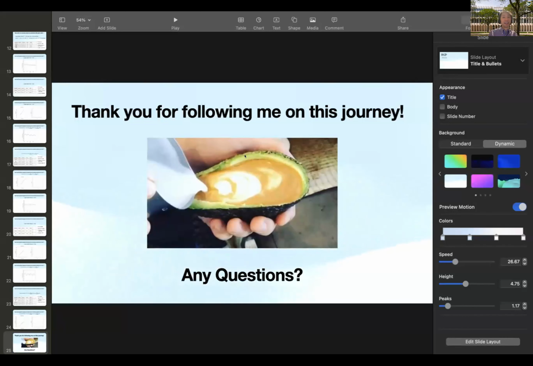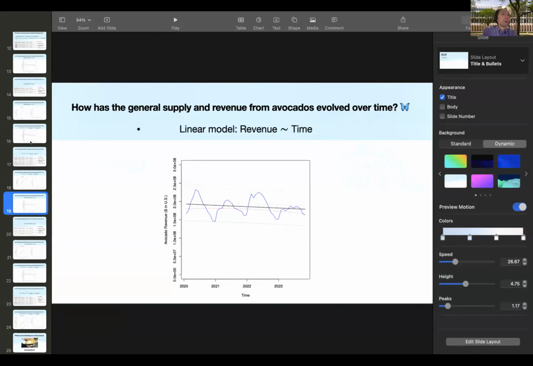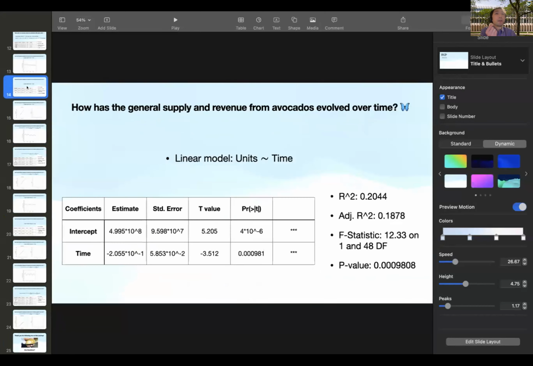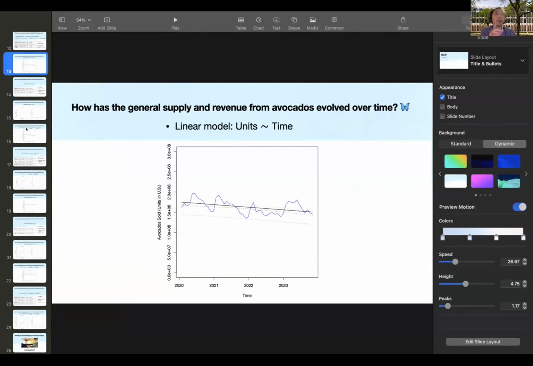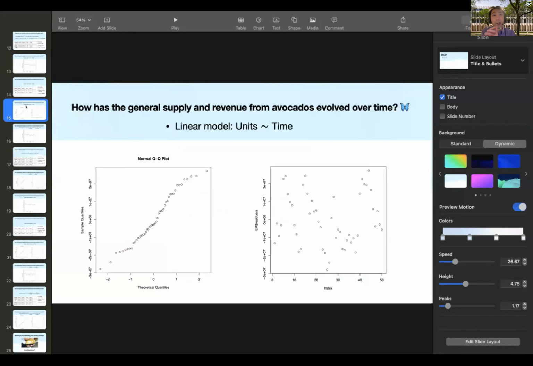The one thing I have to mention is that for the regression about the time trend, maybe you can show that one. This class doesn't discuss how to deal with time series, but for this one, the residuals are obviously highly correlated for adjacent observations.